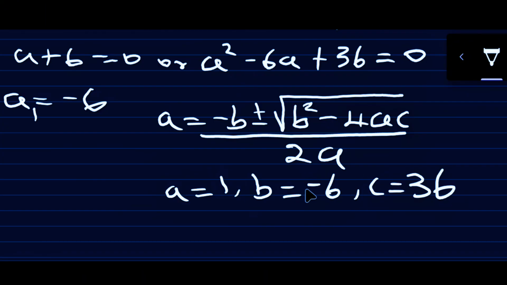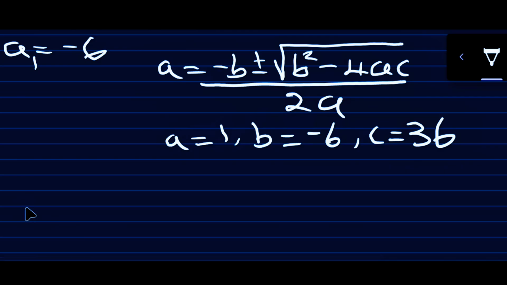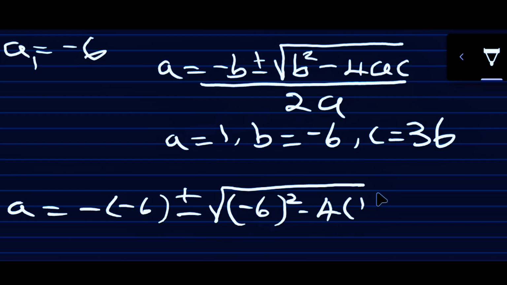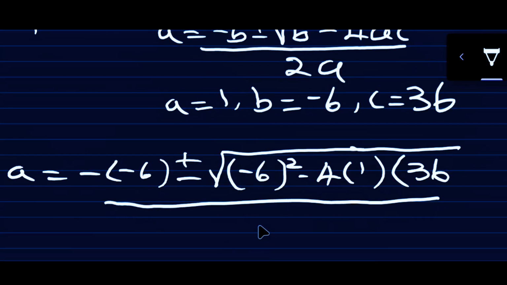So let's substitute this in the formula. We have a = (-(-6) ± √((-6)^2 - 4 × 1 × 36)) divided by 2 × 1.